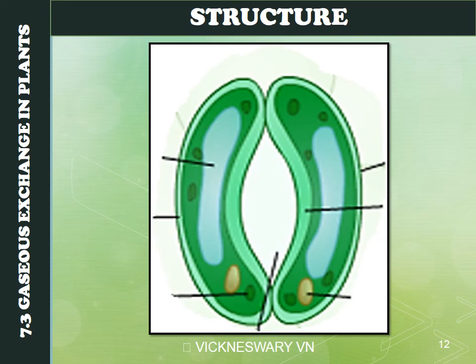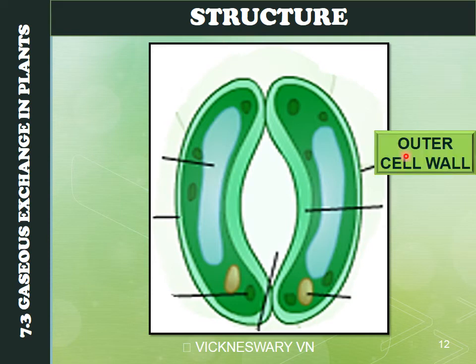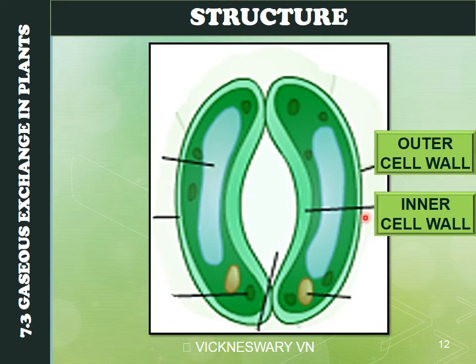Now that we've completed discussing parts of the guard cell in detail, I'm sure you are able to label this diagram accurately. Starting with the outer cell wall, which is thinner and more elastic than the inner cell wall, which is inelastic and thicker.